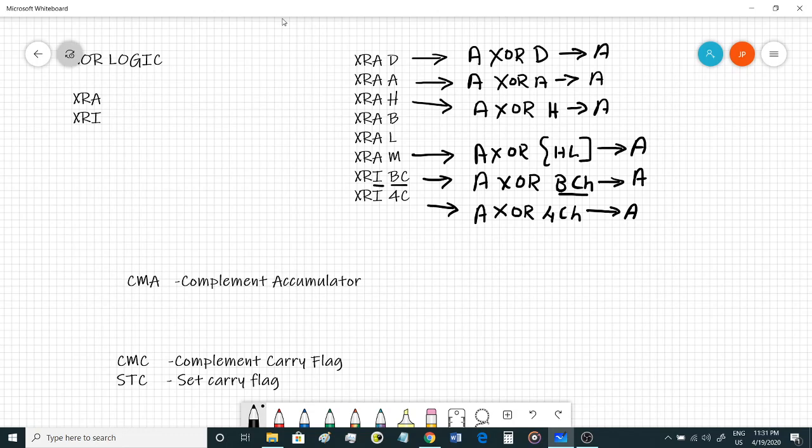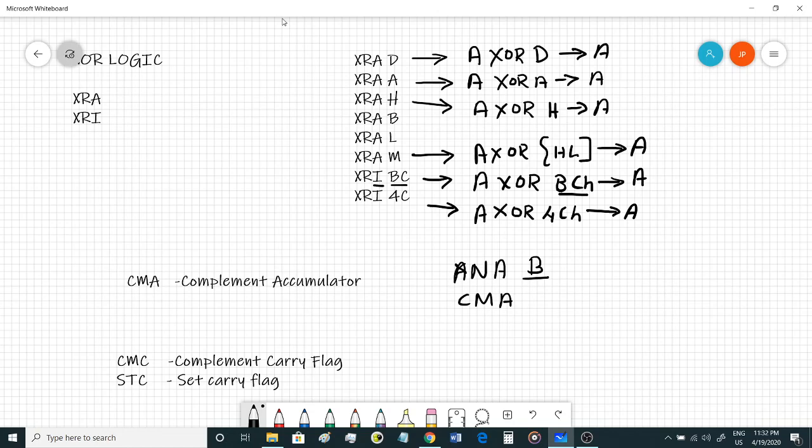So if you want to implement a NAND gate, you can give an instruction like ANA with whatever register you want, an AND operation, and then you can give CMA. Let's say you want to AND A with B register and then you want to complement it. I mean, you want to do a NAND operation basically.